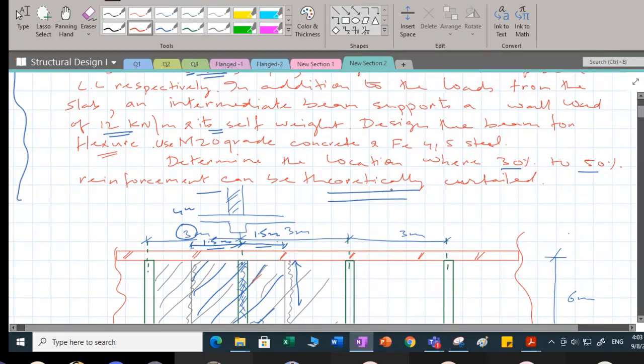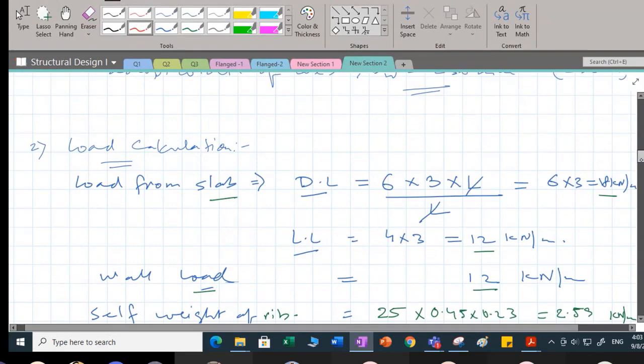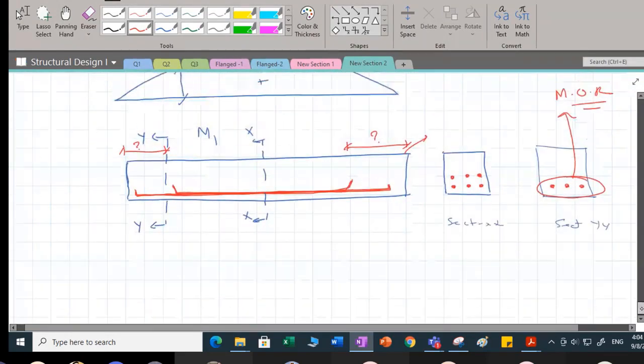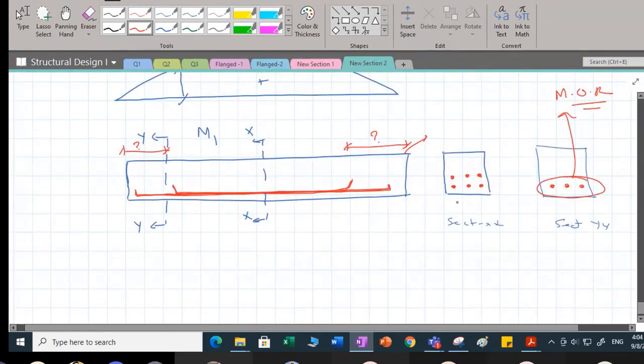I would like to know theoretically where you should curtail, or determine the location where 30% to 50% reinforcement can be theoretically curtailed. So let me come to the sketch. You have 6 number of bars.